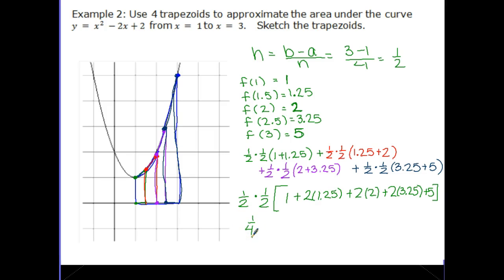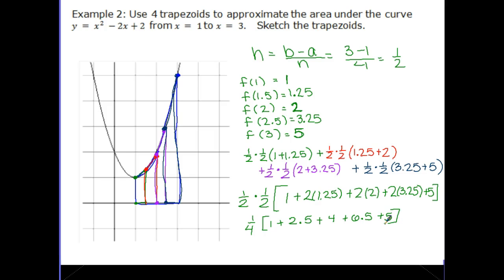So you have 1/4. 1 plus 2 times 1.25 would become what? 2 times 2 becomes 2 times 3.25. And 5.